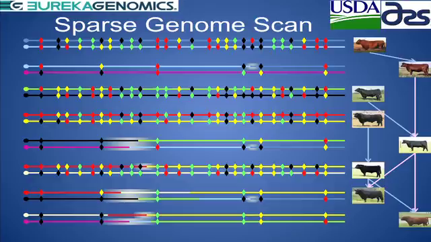These different colors that you see here each represent sections of the genome that are identical by descent to one another. What we want to do is sequence enough animals at the top of the pedigree that we would know the sequence of a lot of these colors.